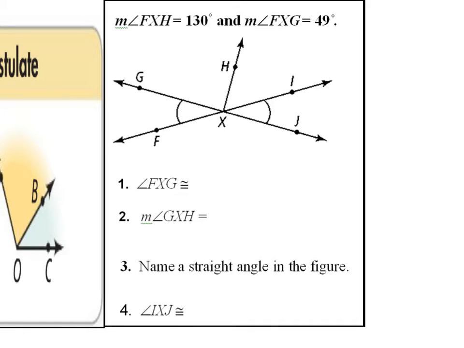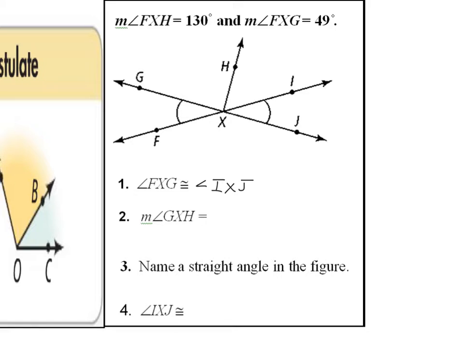What I'm looking for in the picture is what other angle has a single arc mark. In this case, it's this angle right here, so I would name that angle IXJ. Again, the vertex has to be in the middle, and the vertex is letter X. Could you name it JXI? Absolutely, you could.